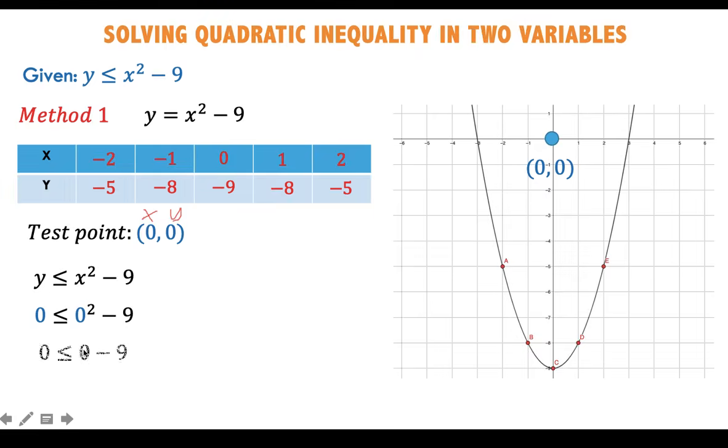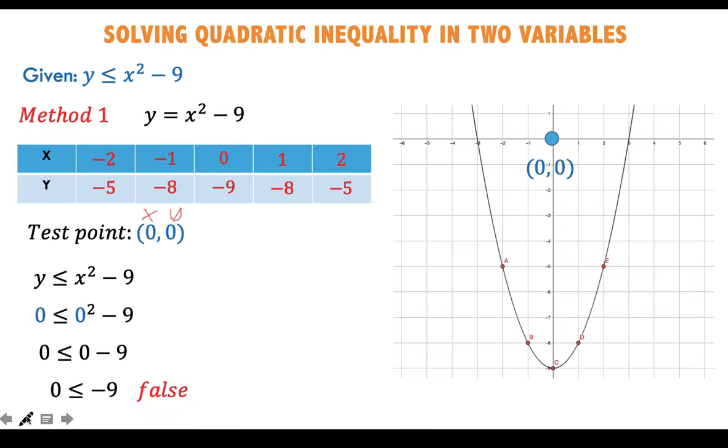0 squared here is 0. 0 minus 9 is -9. So therefore, our sentence here is 0 is less than or equal to -9. Is it true that 0 is less than or equal to -9? It is false. So therefore, this point is not a part of the solution.